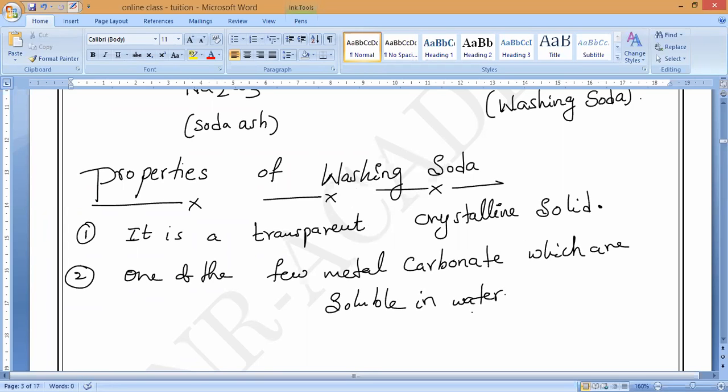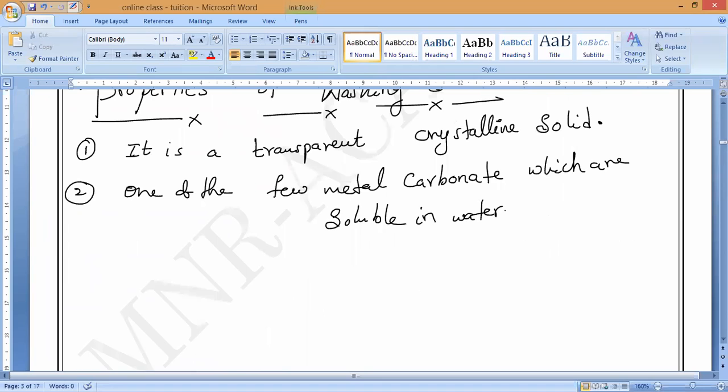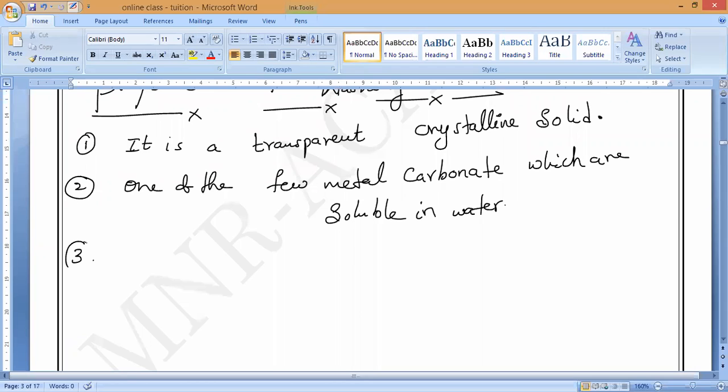Most of the metal carbonates won't dissolve in water, and that is also an MCQ. They will ask which of the following carbonates is soluble in water. You can remember: washing soda, or sodium carbonate.